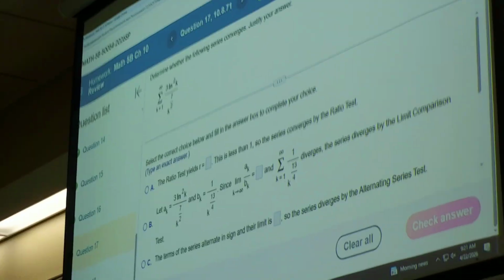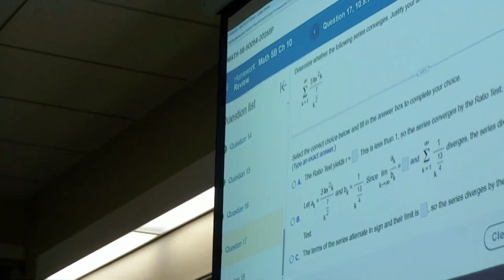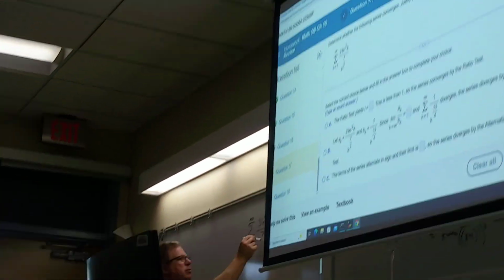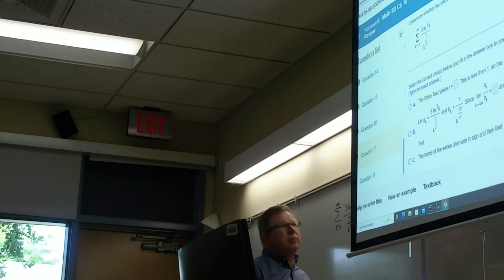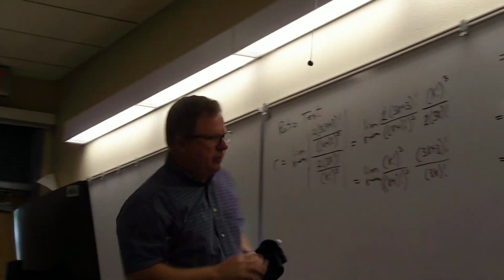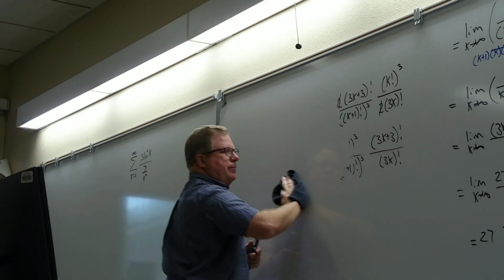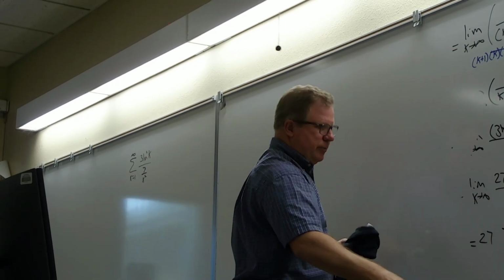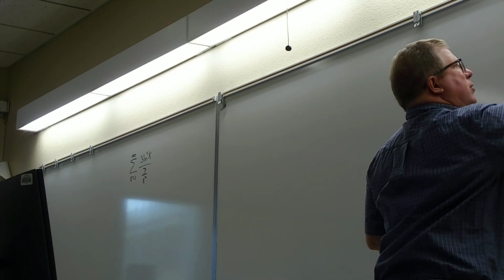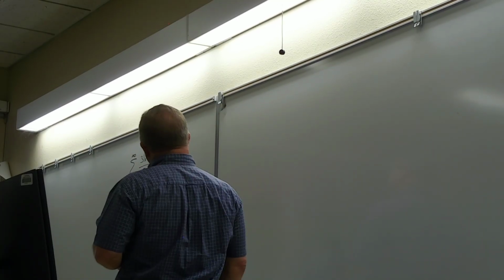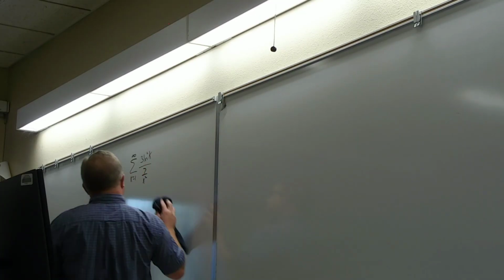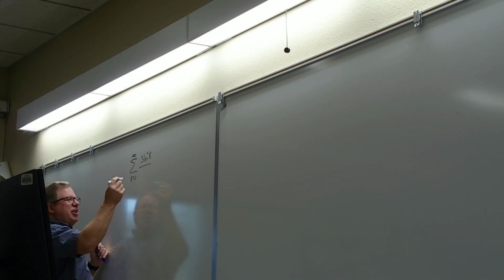We have the sum as k goes from 1 to infinity of 3 ln squared k over k to the 7 halves. Sorry, I first wrote 7 over 2 and that's not right.